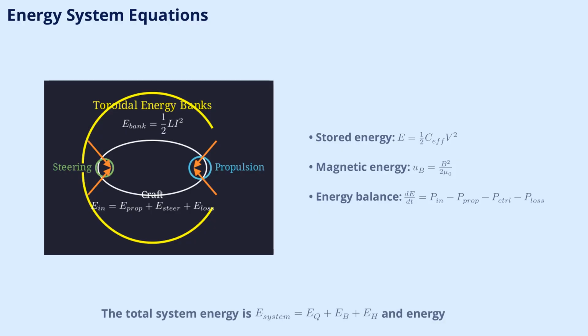The total system energy is E_system = E_Q + E_B + E_H, and energy balance is dE/dt = P_in - P_prop - P_control - P_loss. These equations ensure the craft's power is always optimized for current demands.